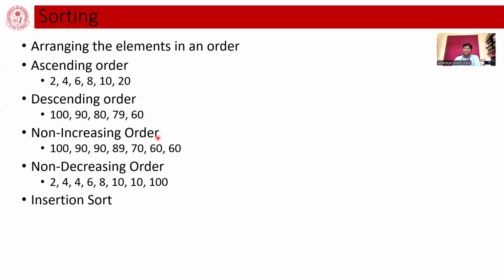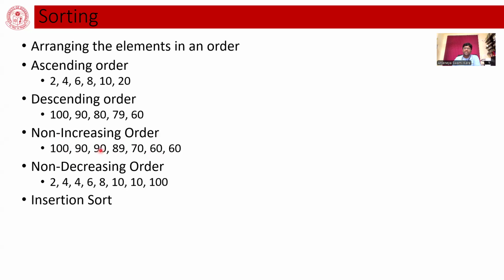Non-increasing order. In these ascending or descending orders, we cannot have duplicate elements, because if there is a duplicate element, the duplicates will come next to each other and violate the property of ascending or descending order. That is why we have different names when there are duplicate elements. Non-increasing order is basically decreasing order, but there can be duplicates.